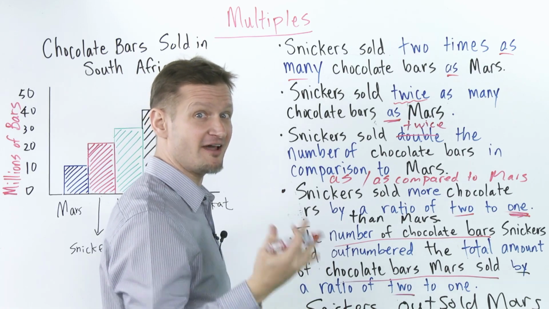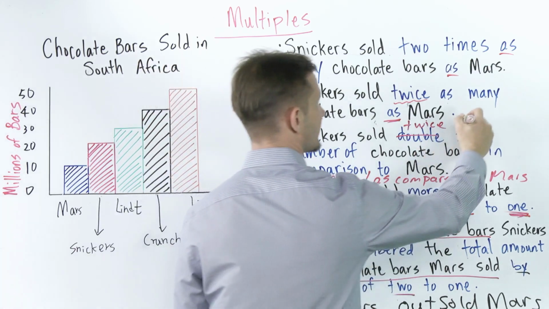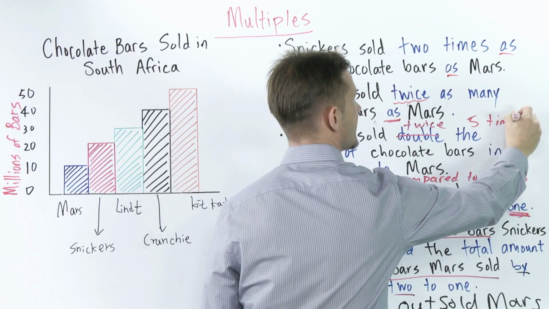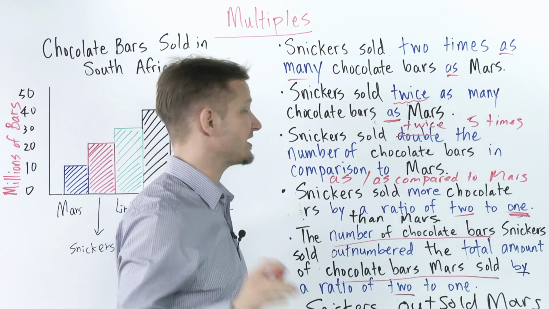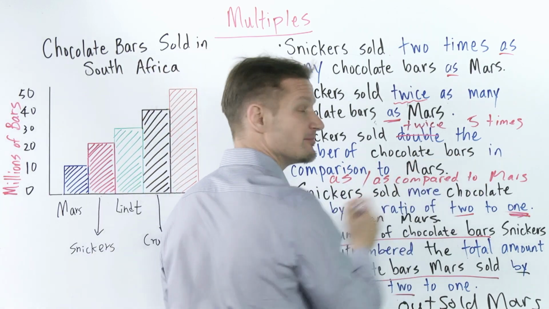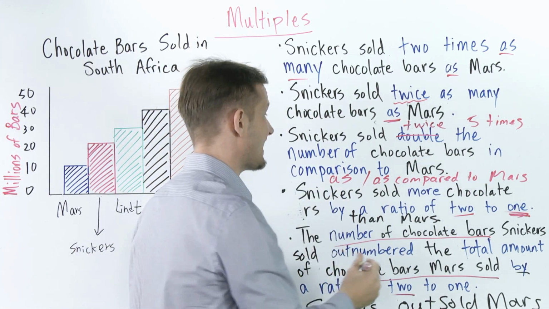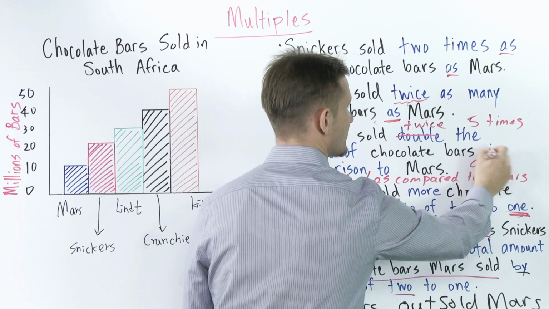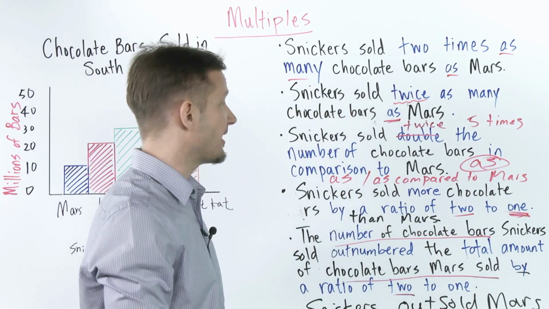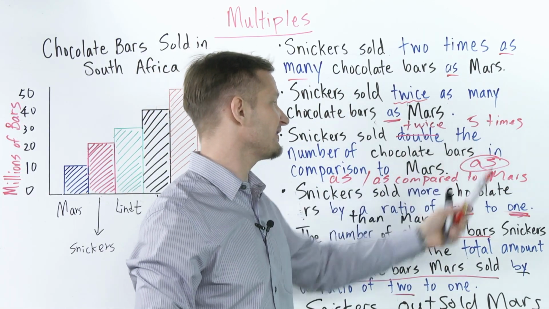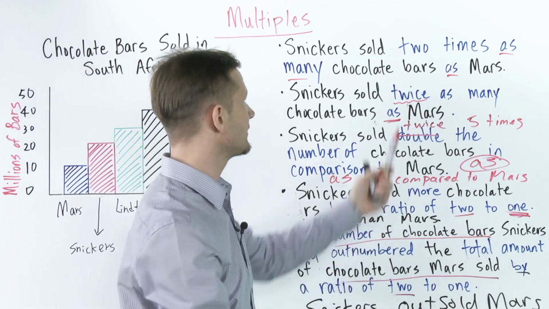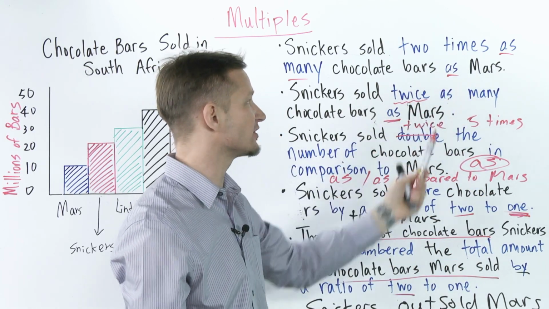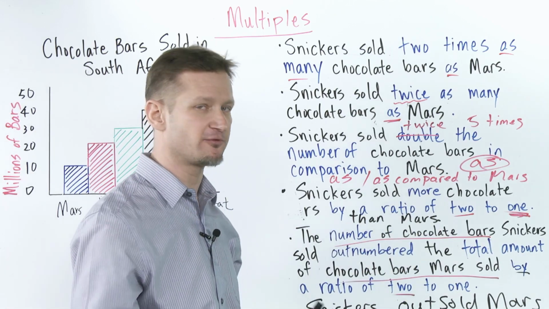Or we could say 5 times the number of chocolate bars. That's okay. We can say that. But we've got to make one crucial change. We can't say in comparison to. We have to use as, right? If we're going to talk about twice or 5 times, we must use as before the second noun, right? As Mars, as Mars. We have to use as before that.